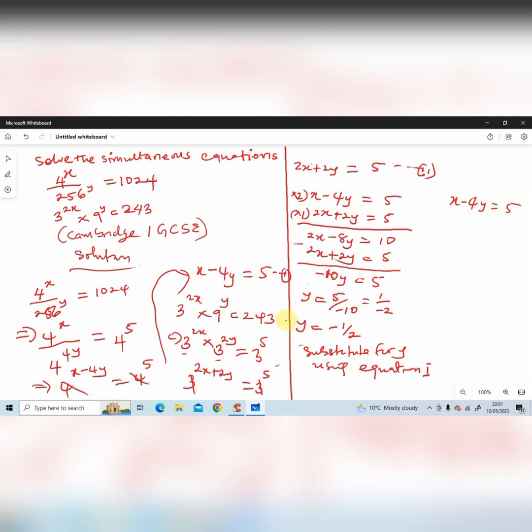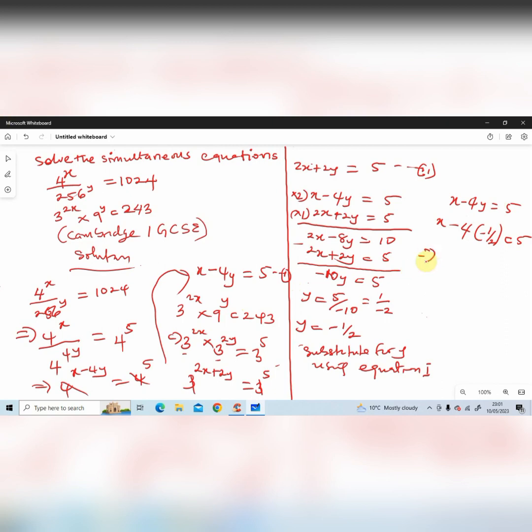So meaning that anywhere I see y, I'm going to substitute with minus 1 over 2. So this is x minus 4, I'm going to put brackets because of this y, minus 1 over 2, is equal to 5. So I'm replacing y with minus 1 over 2.